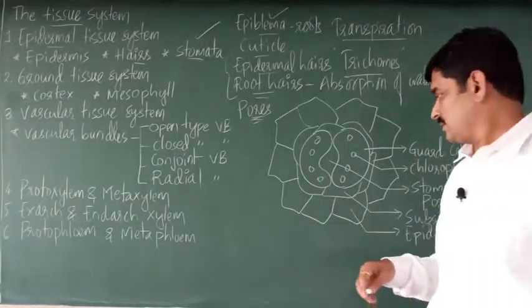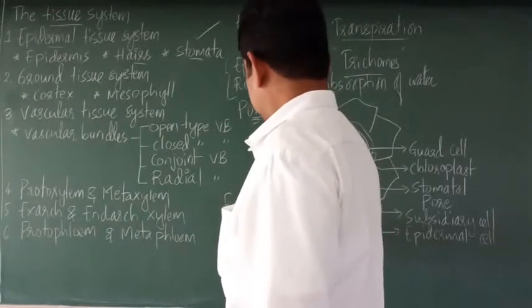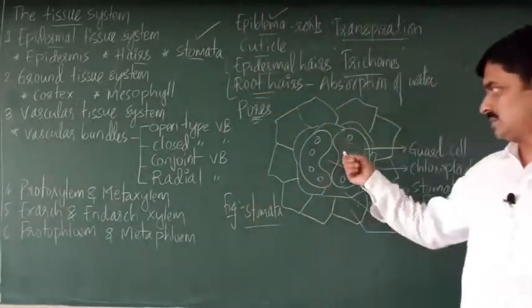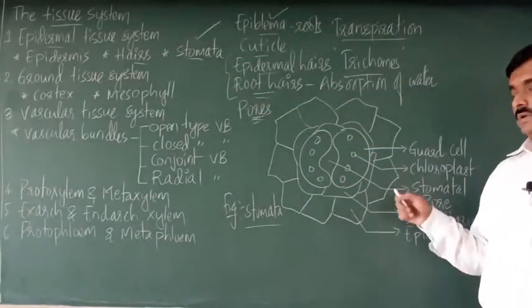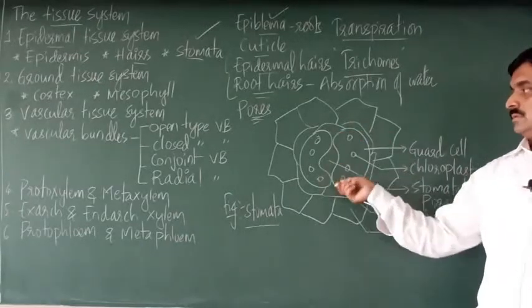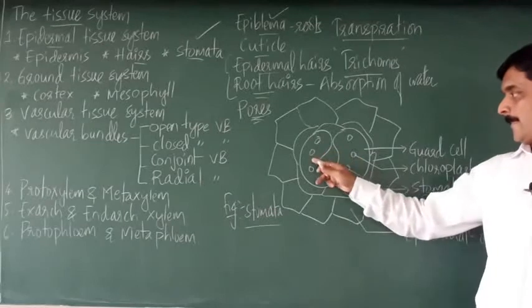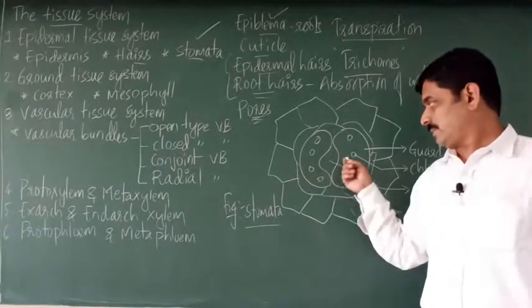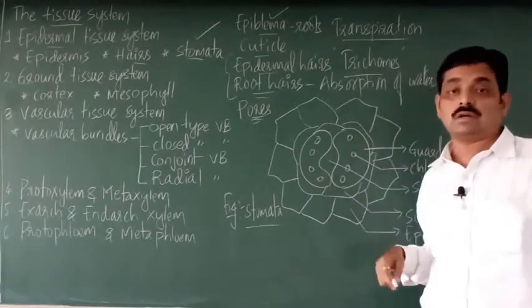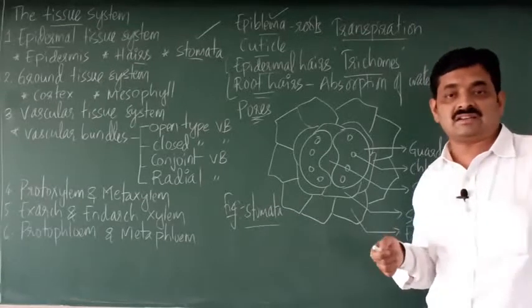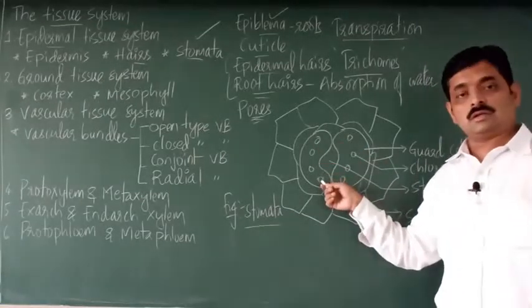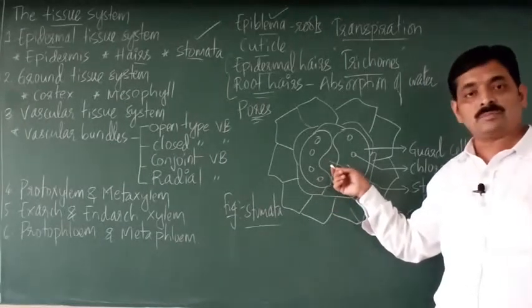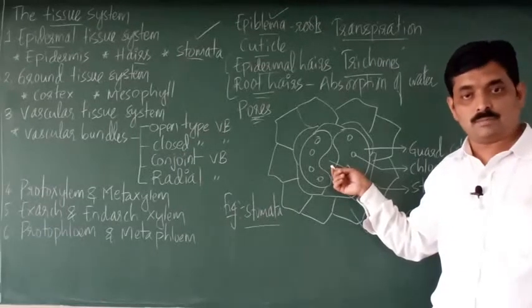This is the diagram of a stomata. It is composed of parts like a pair of kidney shaped cells. These are a pair of kidney shaped cells. They are called guard cells. Inside the guard cell, these are the chloroplasts. Between the two guard cells, there is an opening which is called stomatal pore.